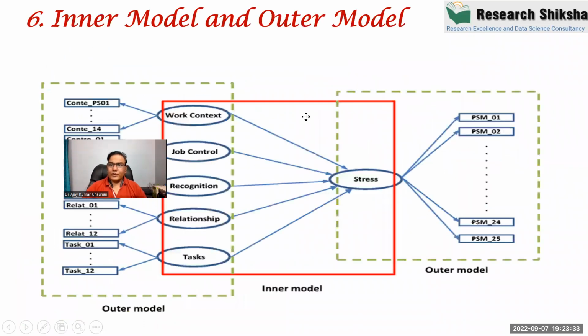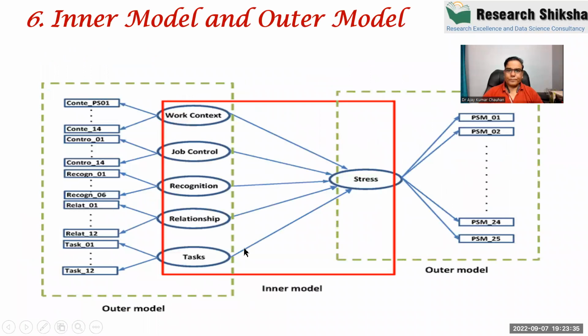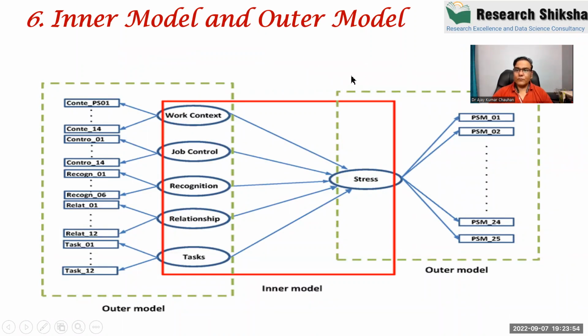Okay. Now, one more thing. The model in SmartPLS is divided into two parts. We call them the inner model and the outer model. What is the inner model and what is the outer model? See carefully, because the software will ask you what values you want in the inner model and what values you want in the outer model.